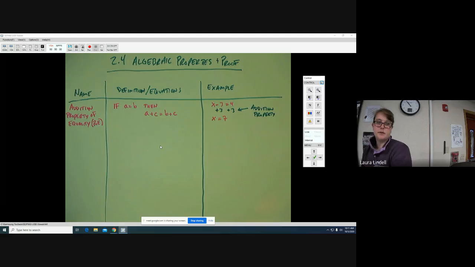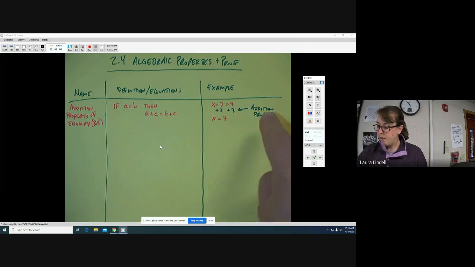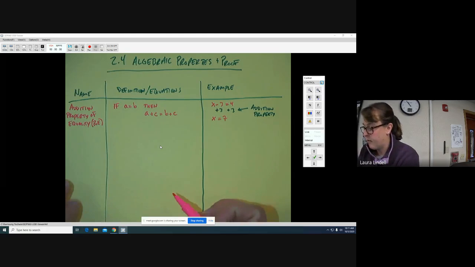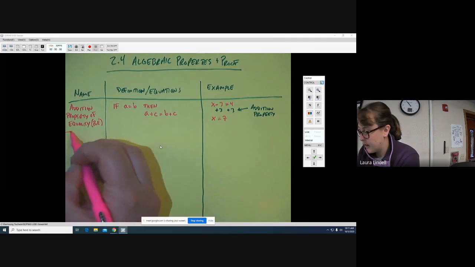So we get x equals 7. So if I was asked to justify that step, I would put addition property. That's my justification. That's what tells me that I can add something to both sides, and it stays equal.